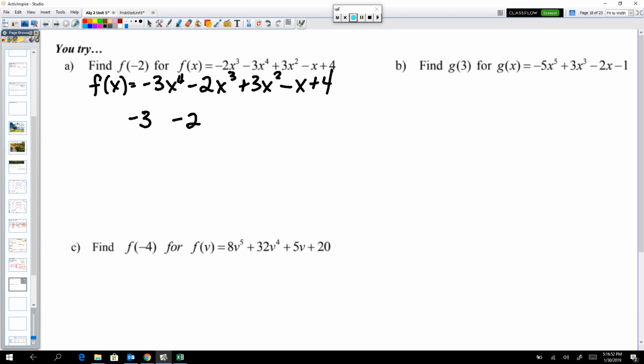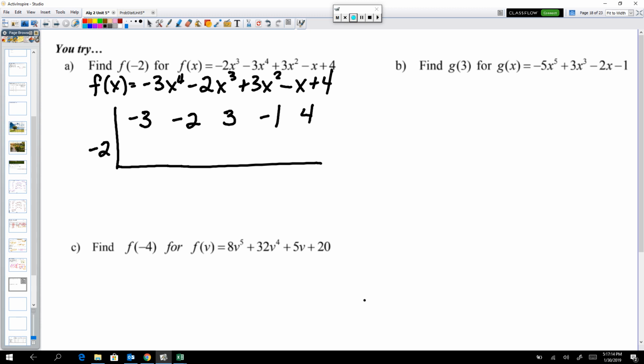I'm not missing anything. I've got a 4, a 3, a 2, a 1, and a 0 for all my powers. So I have everybody there. Don't forget that on this -x, the coefficient is -1. Make sure you feel comfortable with that, the -x's coefficient is -1. And then I'm evaluating at -2. So there's my setup on that one.